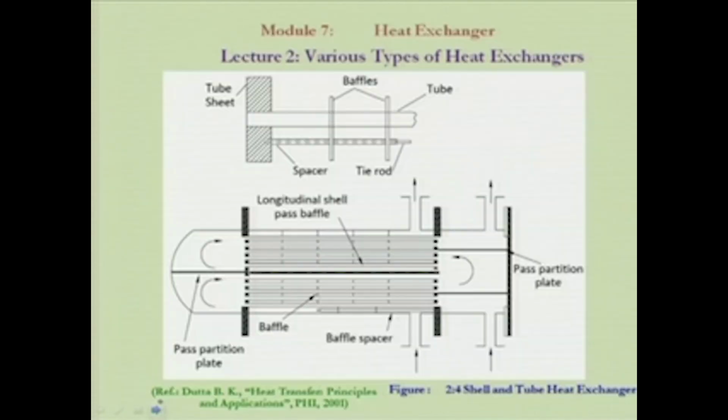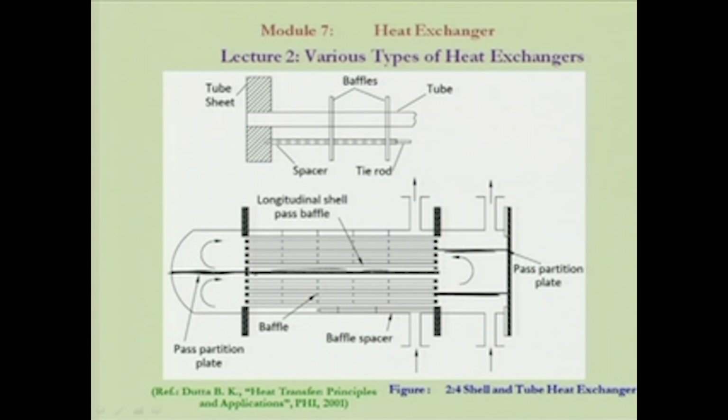Now, this figure gives us an idea about the passes. In this figure, on this side there are two tube side passes and on this side there is only one tube side pass, whereas here we have one shell side pass.